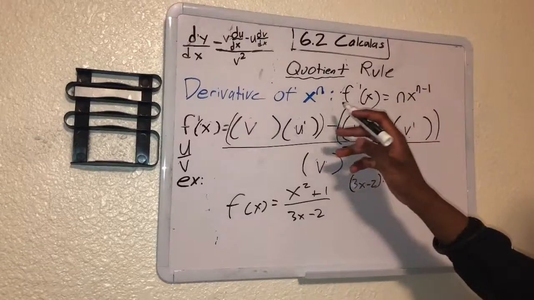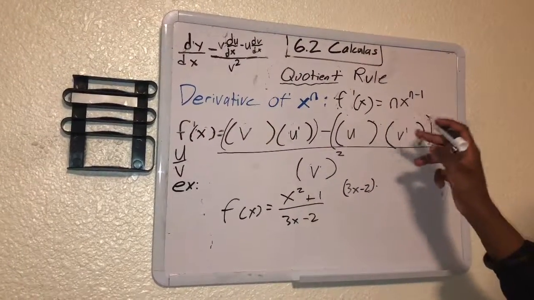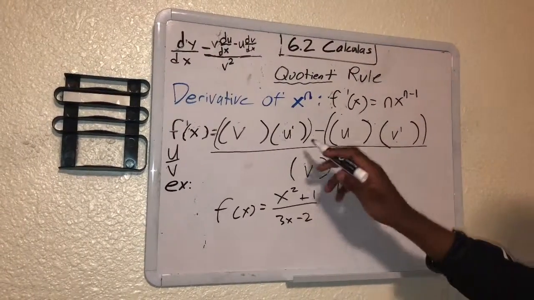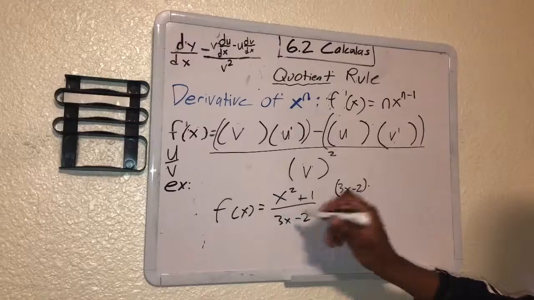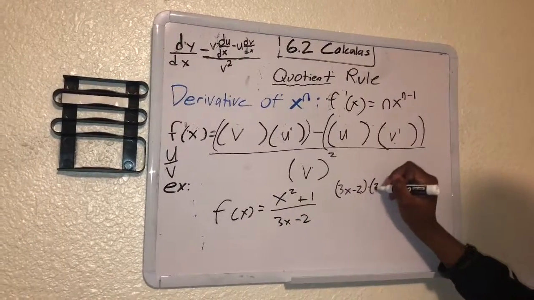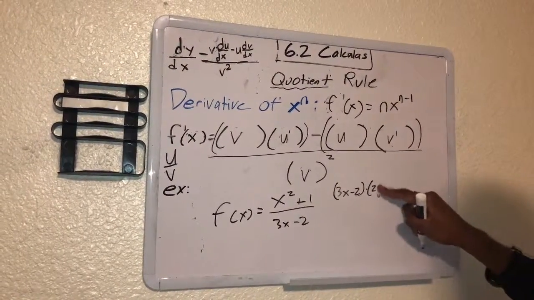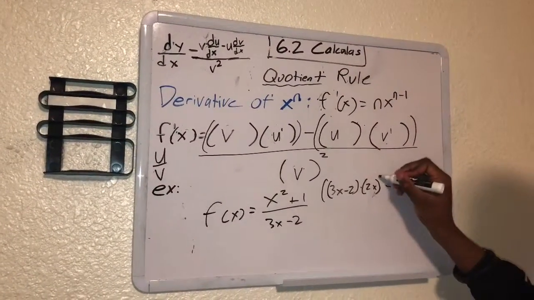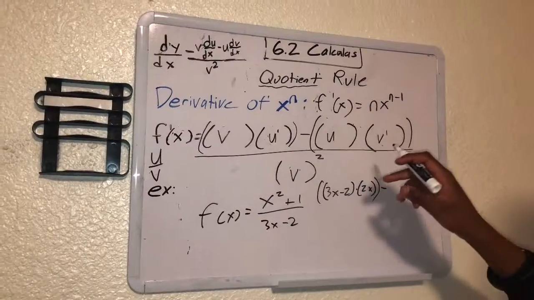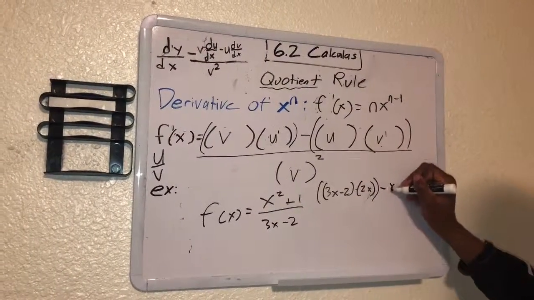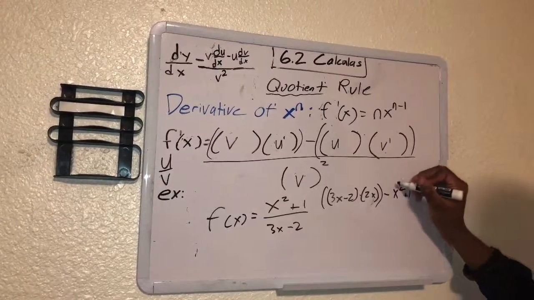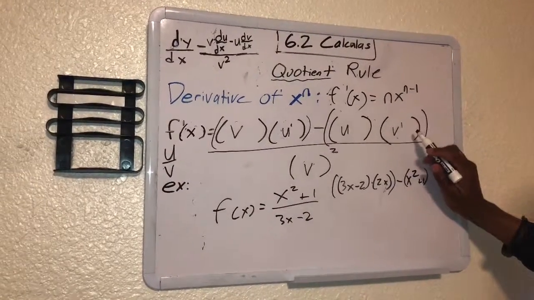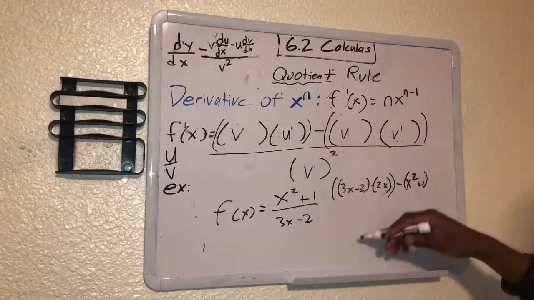So again, with the original way of differentiating x to the n power, we take the derivative of the numerator. So then swoop this around, we have 2x, and then we subtract u, so we already have x squared plus 1, and then that's multiplied by the derivative of the denominator.